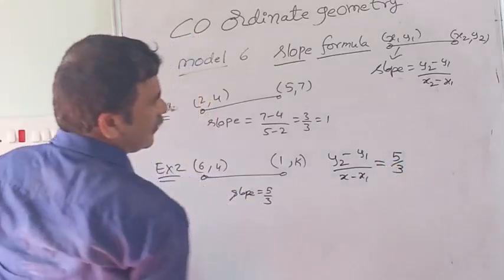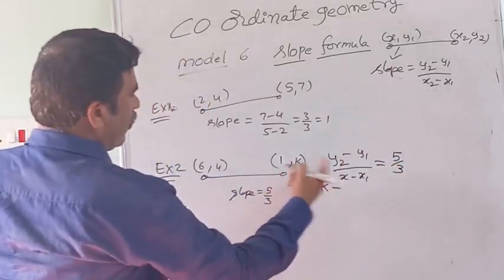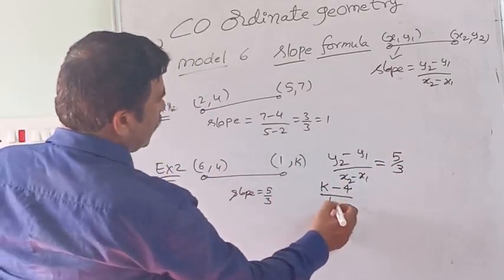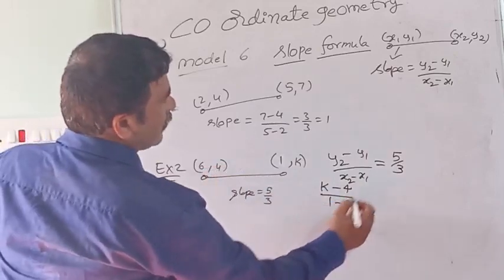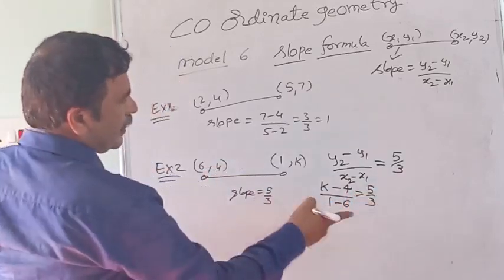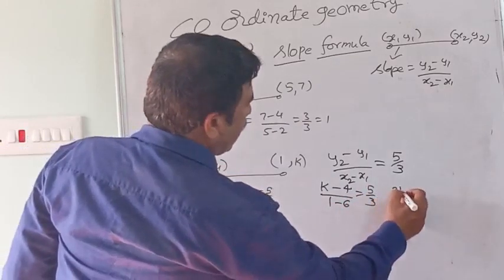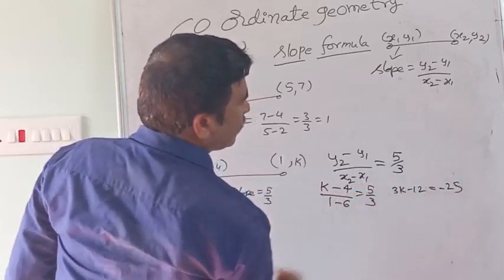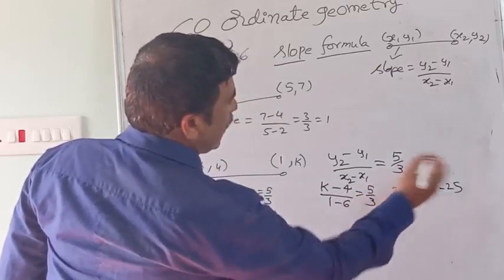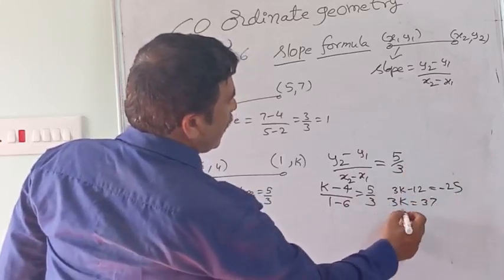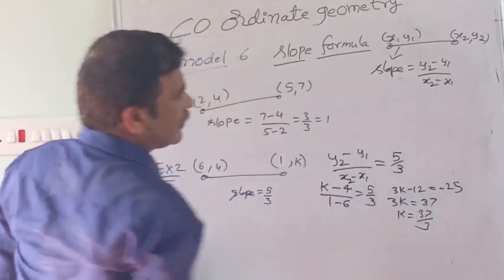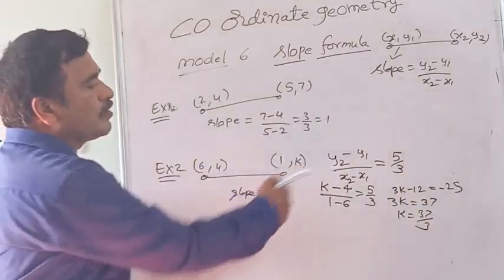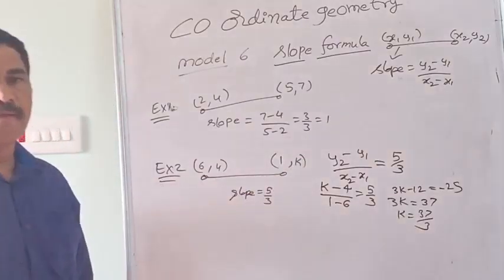That only take. y2 here is k, y1 is 4, x2 is 1, x1 is 6, equal to 5 by 3. Cross multiply, you will get 3k minus 12 is equal to 5 into minus 5, minus 25. Therefore 3k is equal to, sending 12 that side, it becomes 37. k is equal to 37 by 3. Missing k, given slope, then use slope formula only. Okay.